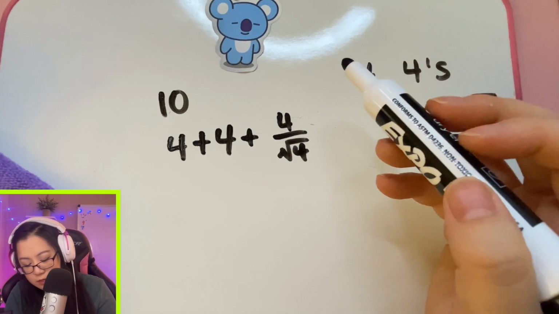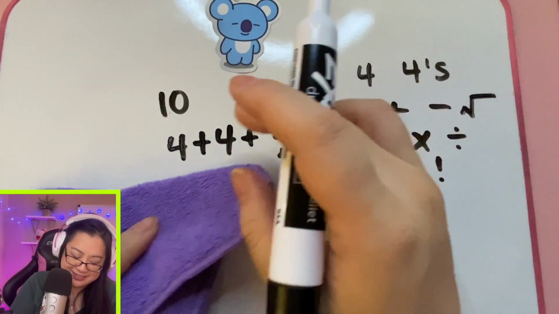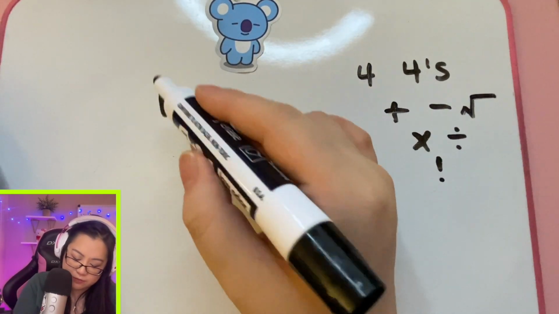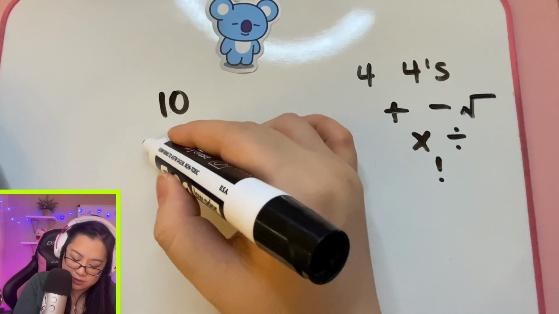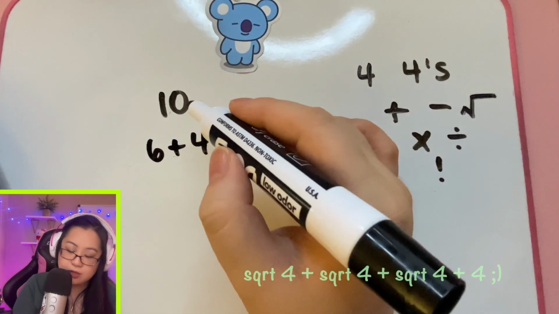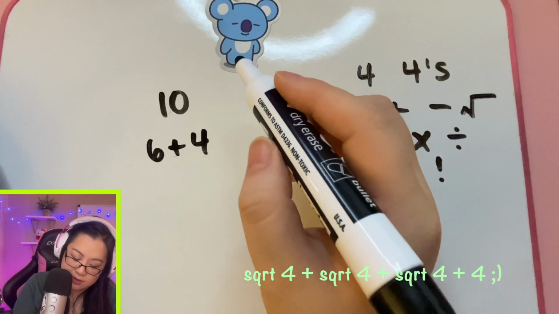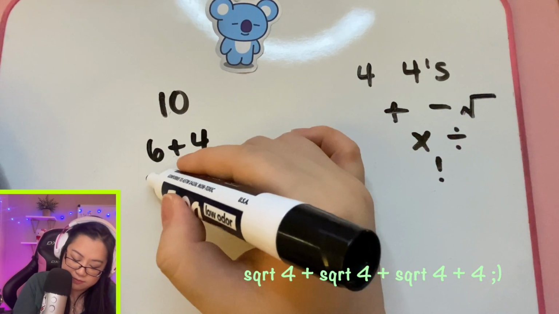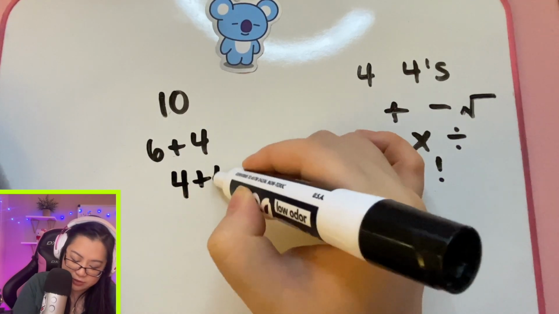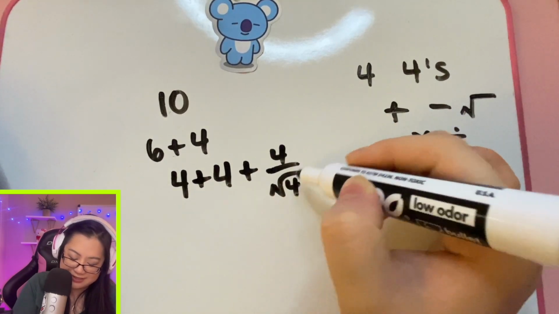You can do, I don't know, something else. Oh, you could do like, let's see, maybe you can do 6 plus 4, so somehow you get 6 using 3 4s, which could be, I don't know. Oh, okay, so, wait, I think that's just what I wrote earlier. 4 plus 4 plus, okay, whatever, I got the same solution anyway.